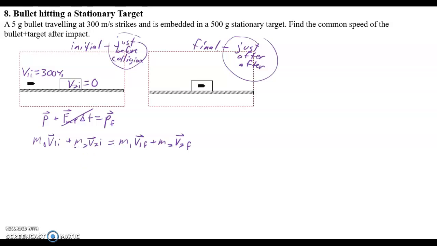Alright, now we know the block is stationary at the beginning, and we look here and we say, okay, well, we know this mass, and we know the other mass, and we know this velocity, but that leaves us with two unknown velocities. So one equation, two unknowns.